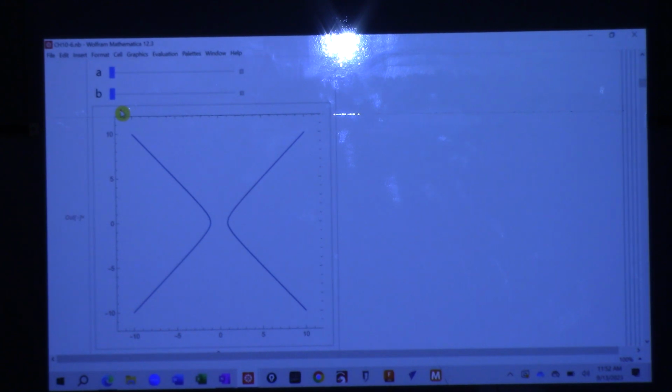A hyperbola is x squared over, let's say, 9, minus y squared over, let's say, 4, equals 1. The only difference between ellipse and hyperbola is the plus and the minus. It changes completely what happens, right?